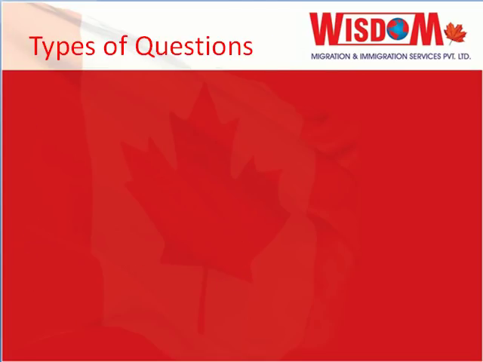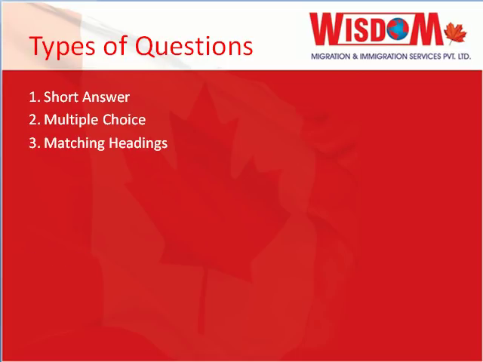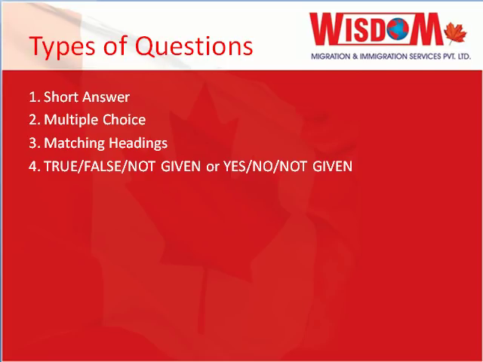Alright then, let's go to types of questions. Here's a rough view of the different types of questions that you might encounter in the IELTS reading test. You have short answer questions, multiple choice answer questions. There are matching headings to the paragraphs. There can be statements where you have to mention whether they are true, false, not given, or yes, no, not given according to the text.